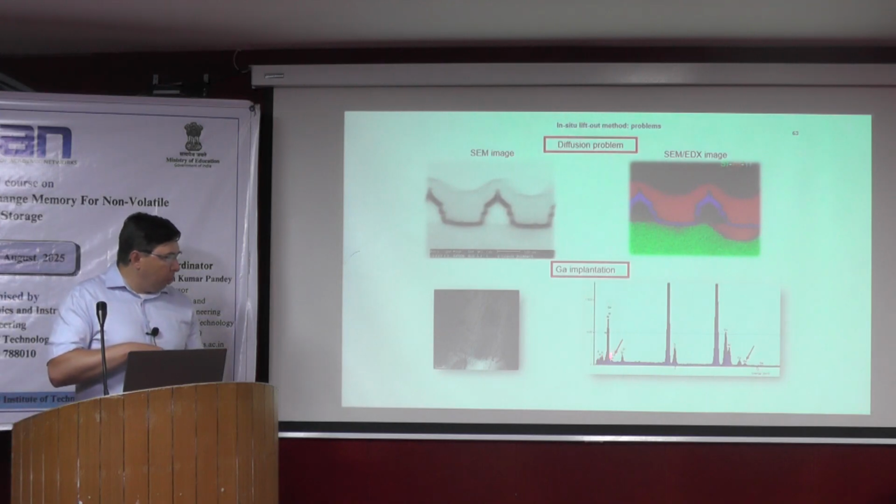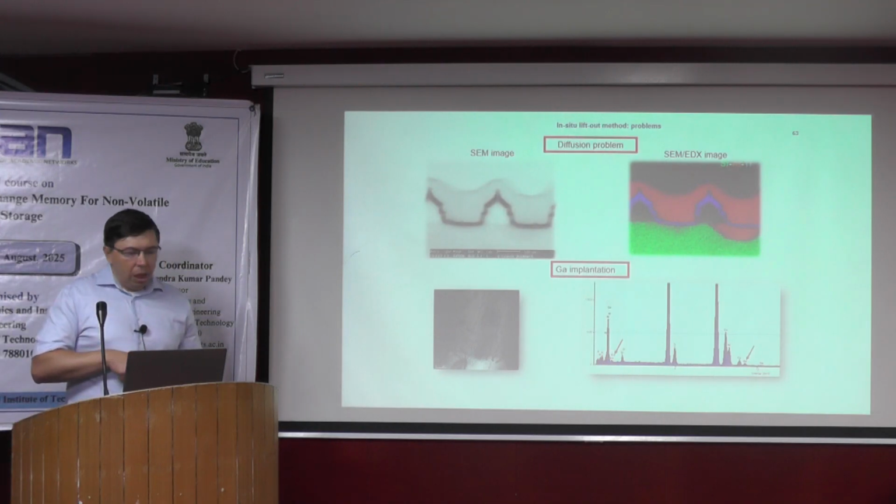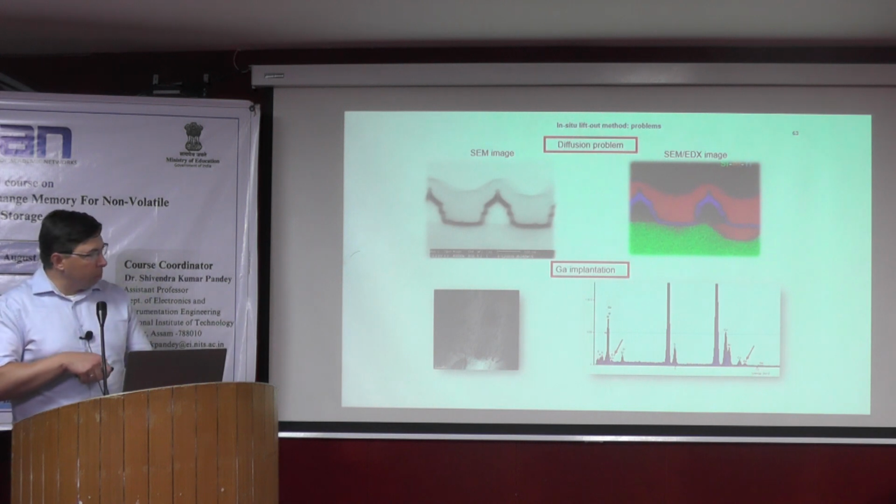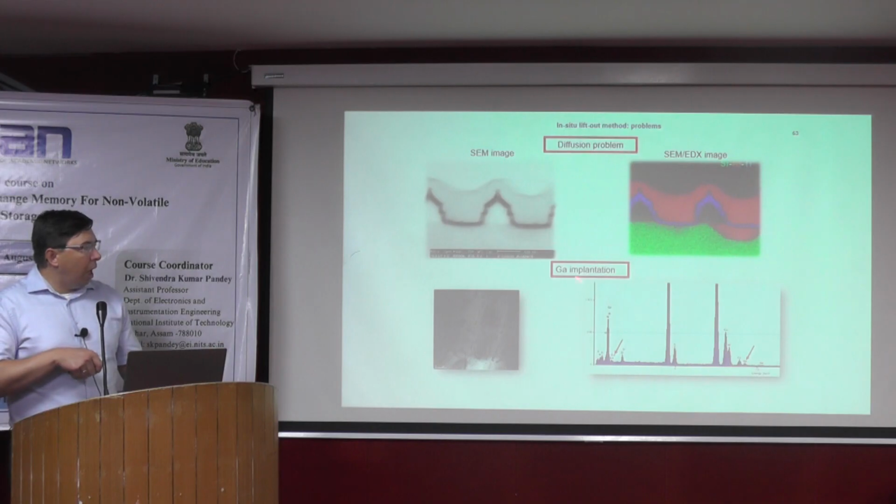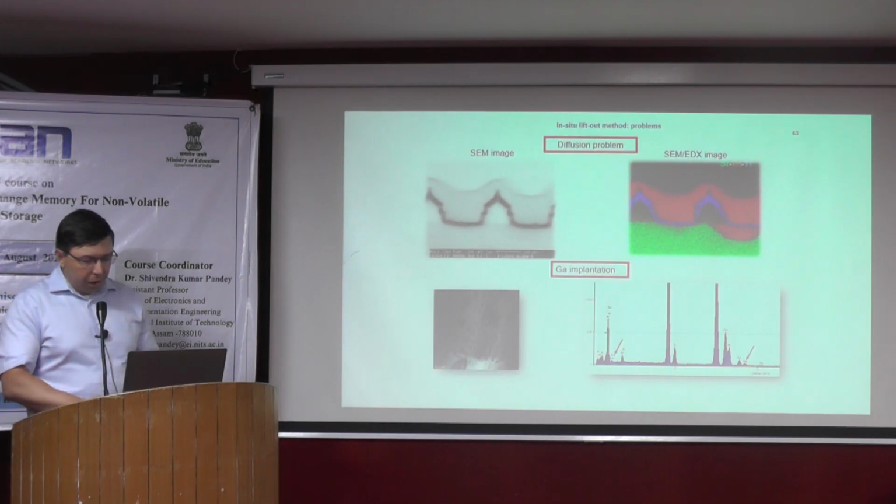So you should know about this problem and think about how to manage and overcome it. With other ion beam sources, depending on the sample, you will also get the same problems with ion implantation.